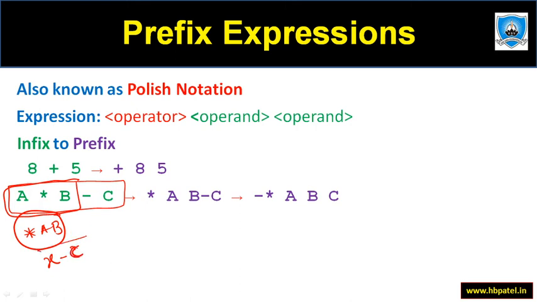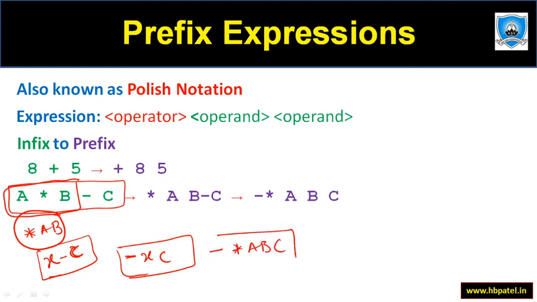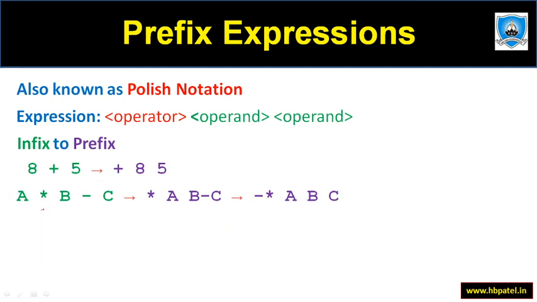How do we write x minus c? Minus would come first, then x, then c. Now replace x by star a b. So it would be minus, then star a b, and then c. So this is your answer: minus star a b c. This is how you convert infix to prefix.